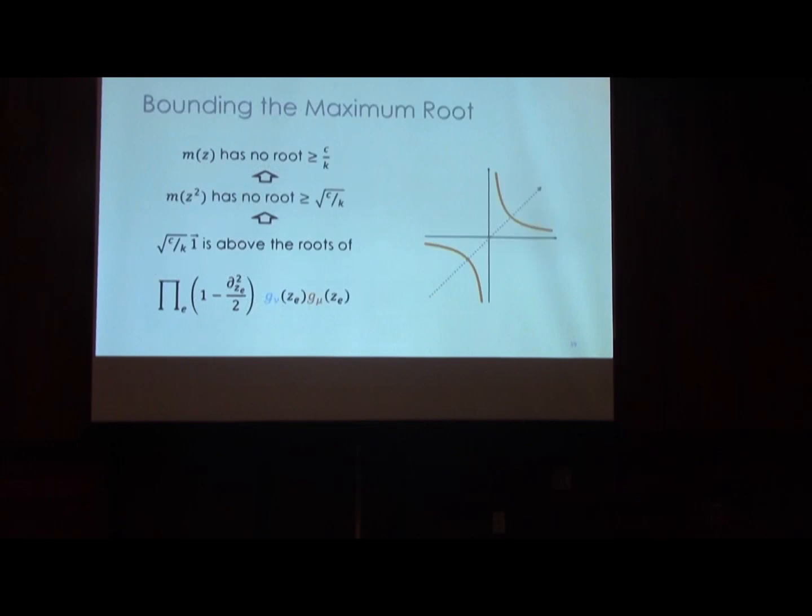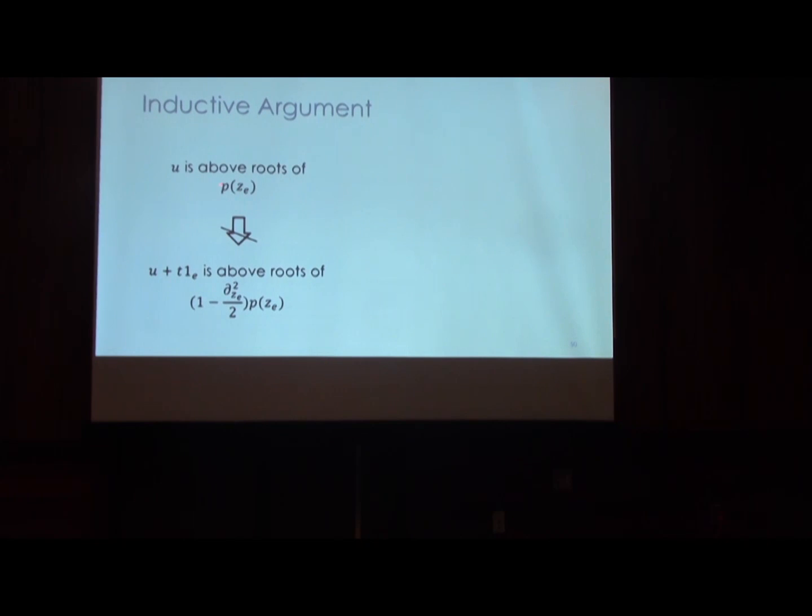So ideally, you want to prove such a statement: if u is above the roots of some polynomial, and you apply one of these 1 minus partial squared operators, then you can move your point u a little bit so that you still remain above the roots of this new polynomial.